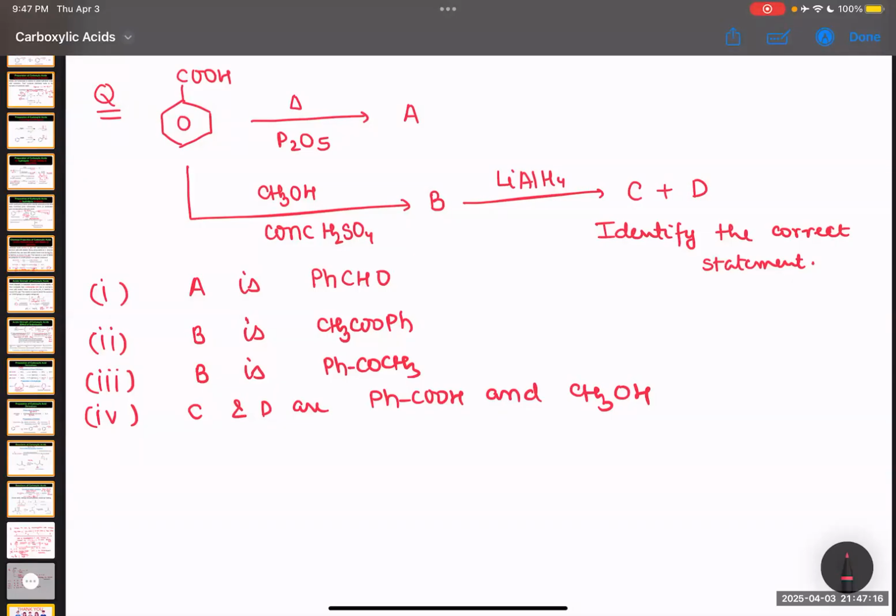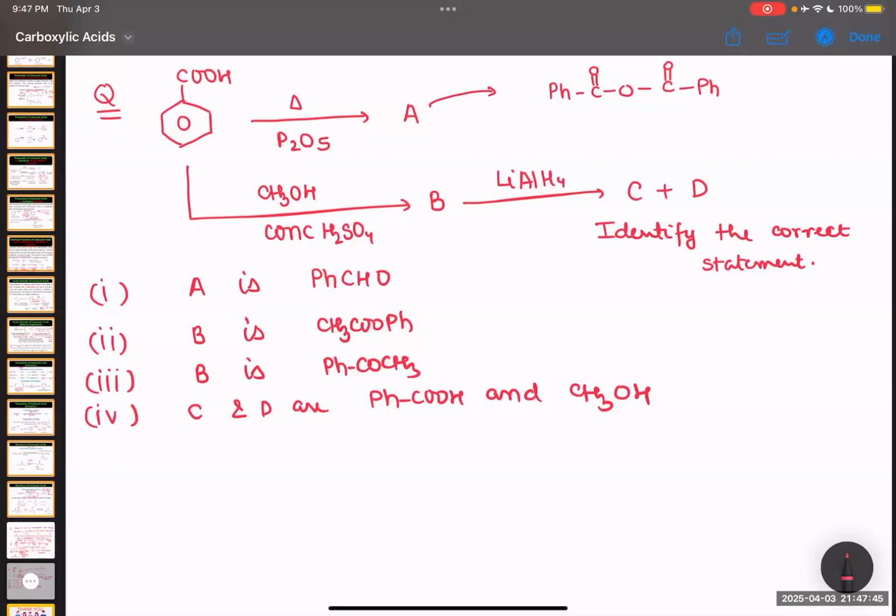And if you heat it with P2O5, that is also the same thing. P2O5 is a dehydrating agent, it is going to remove water. So what are you going to get? Anhydride.